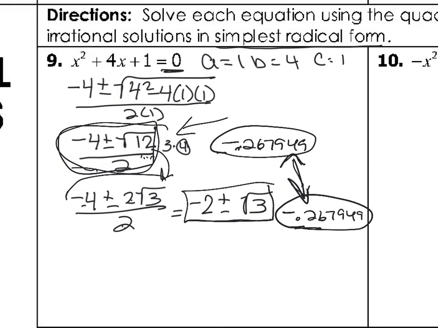Okay, so this is the same thing as that. I need you to remember that for your EOC test.